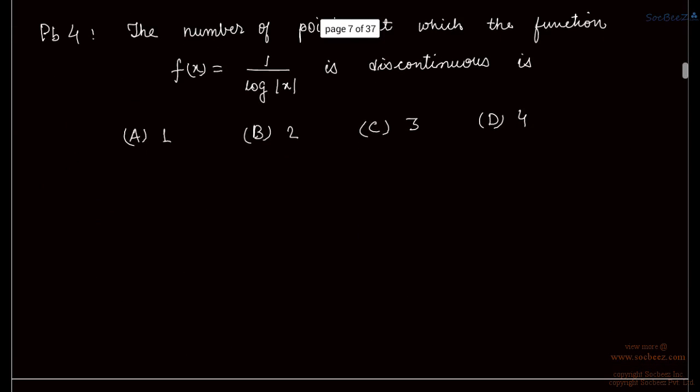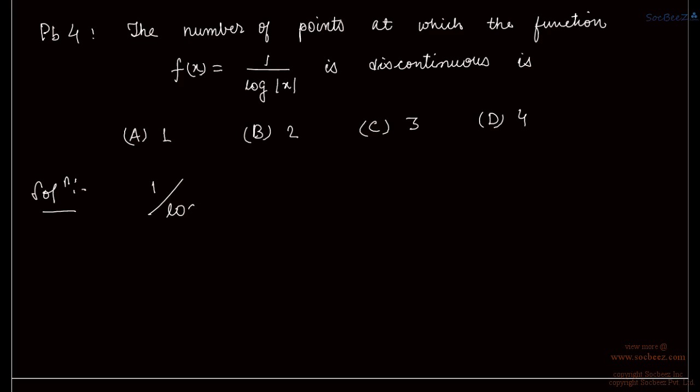we have problem 4. The number of points at which the function f(x) is equal to 1 upon log mod x is discontinuous is. So we have to check where the function 1 upon log mod x is discontinuous.